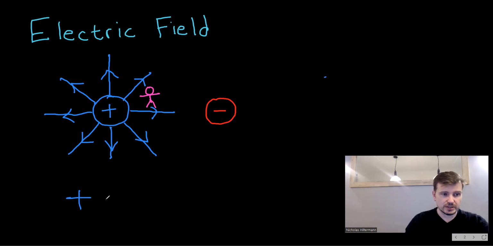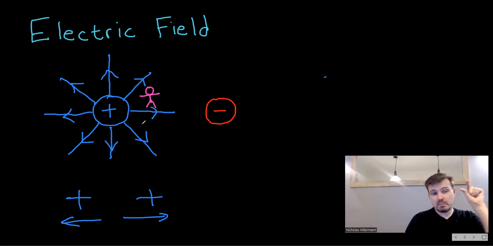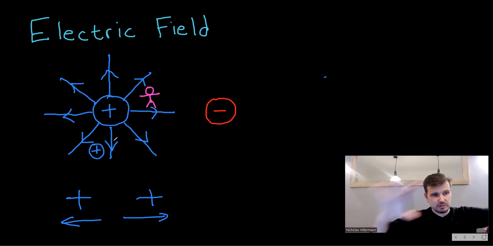Opposites attract and like charges repel. So here's the positive going away. By definition, the lines show what direction a positive charge would move if it was in this field, and of course it would be repelled. That's why there's this outwards direction.